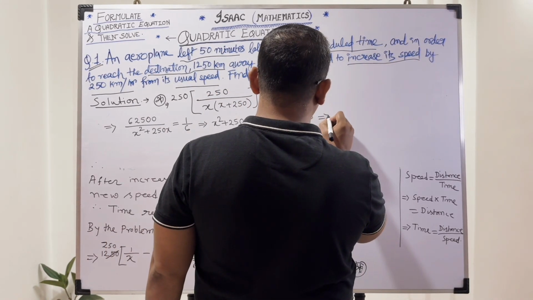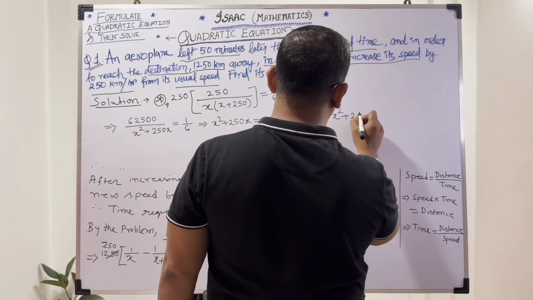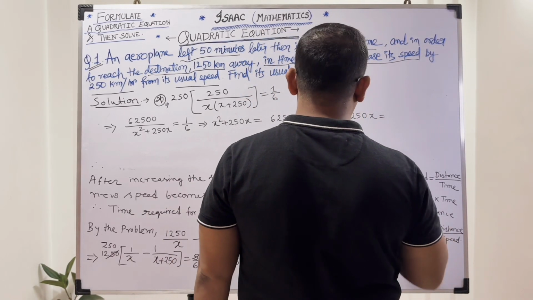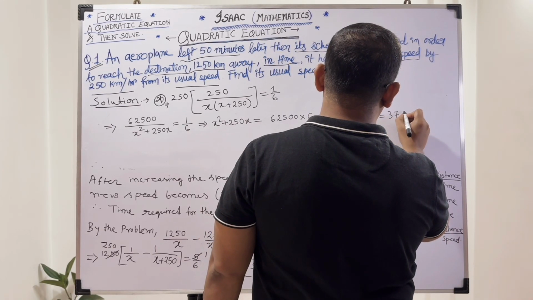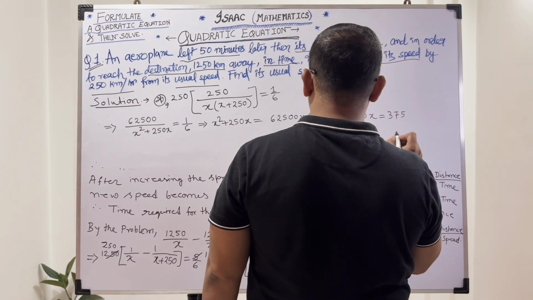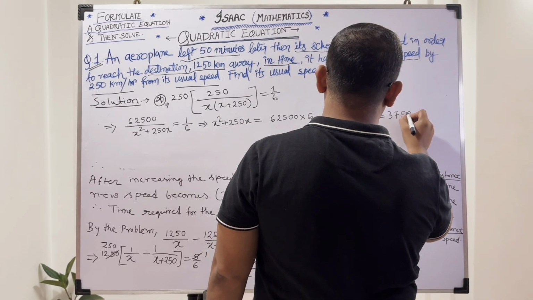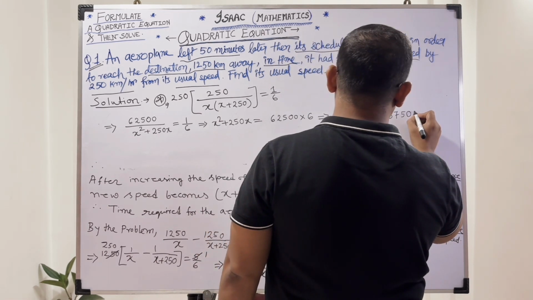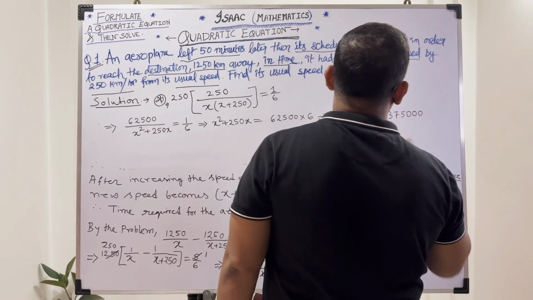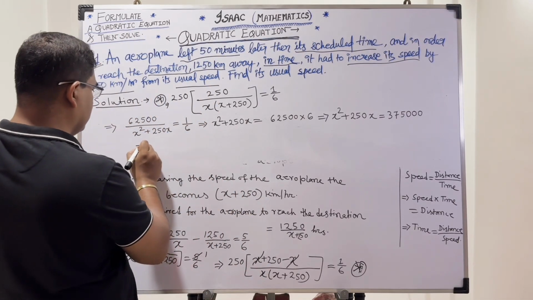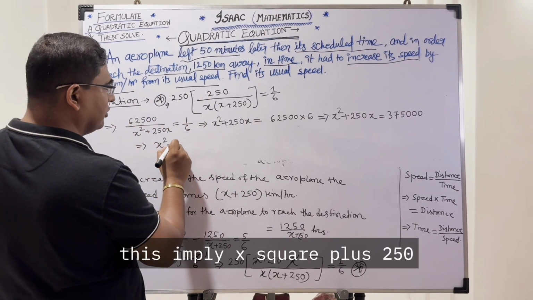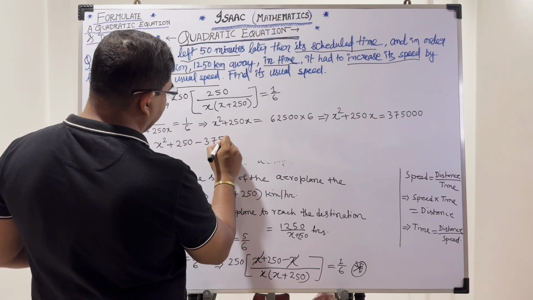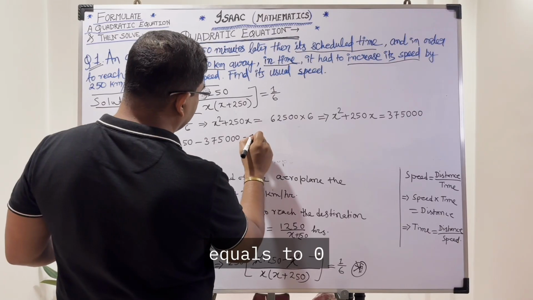This implies x square plus 250x equals to 375000. This implies x square plus 250x minus 375000 equals to 0.